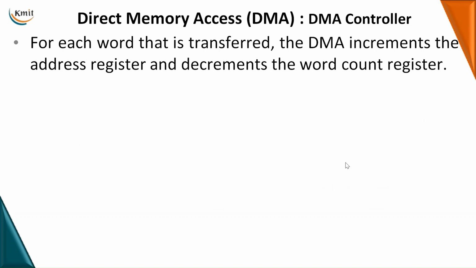Similarly, the word count register will be decremented by one. Say it has to transfer three words: once one word is written into memory, the word count register will be decremented by one.